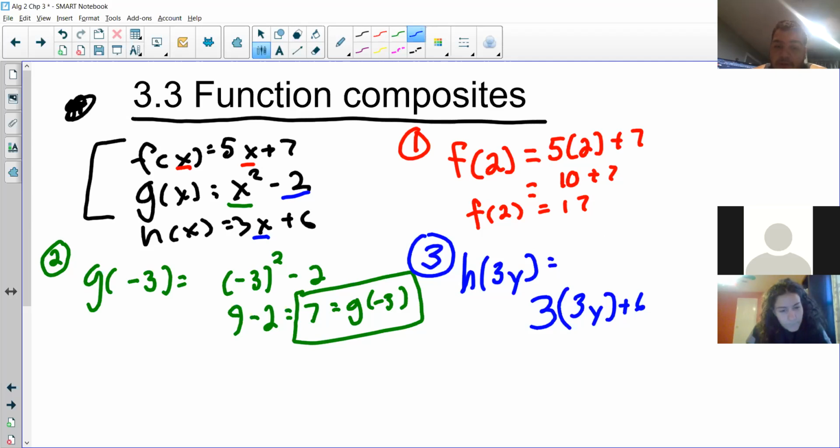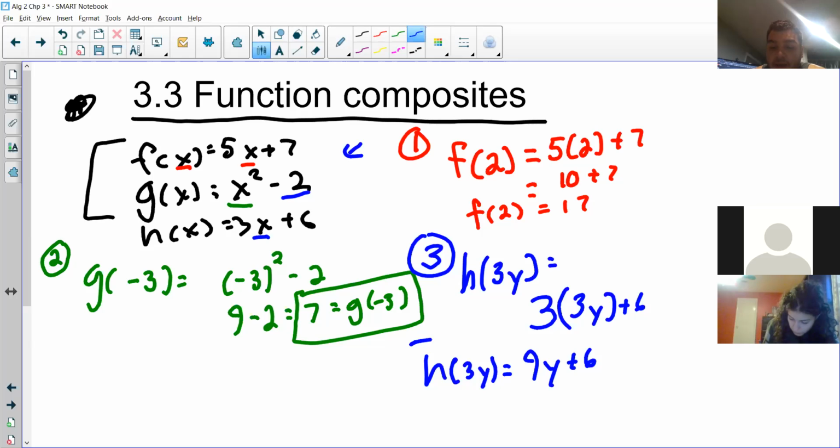I'm looking at the equations over here in order to do all my math. So when I say h of 3y, I replace x with 3y. 3 times x, or now it's 3 times 3y plus 6. 3 times 3y is 9y plus 6. In this situation, 9y and 6 are not like terms, so I'm finished. So h of 3y equals 9y plus 6.